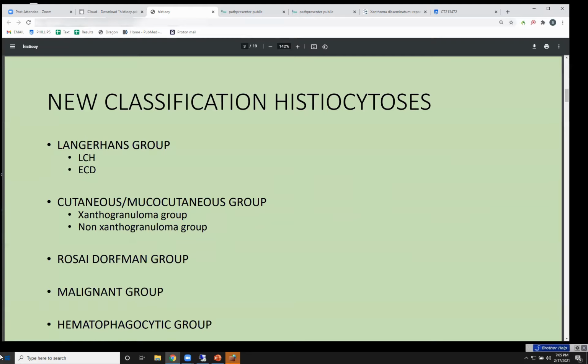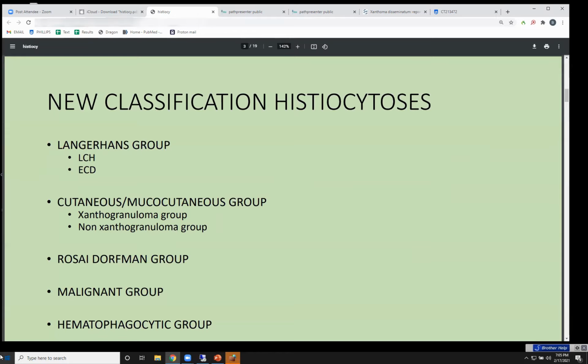So for Langerhans cell histiocytosis, there was Letterer-Siwe disease and eosinophilic granuloma and all kinds of different names. And these are all just now being grouped as Langerhans cell histiocytosis. And the two that we see most commonly are Langerhans cell histiocytosis and Erdheim-Chester or Erdheim-Chester-Langerhans overlap.